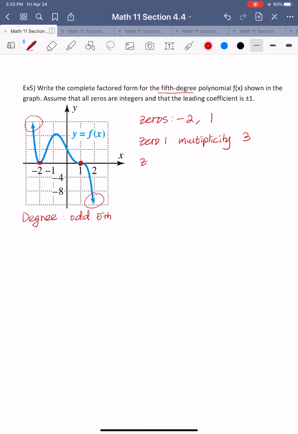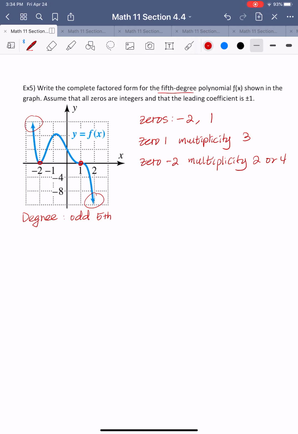And then the zero at negative 2 has a multiplicity which is going to be even because it's a touch, right? This time it could be 2 or 4.